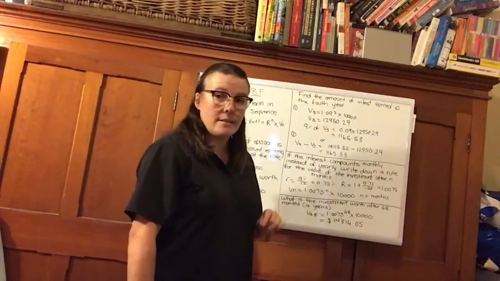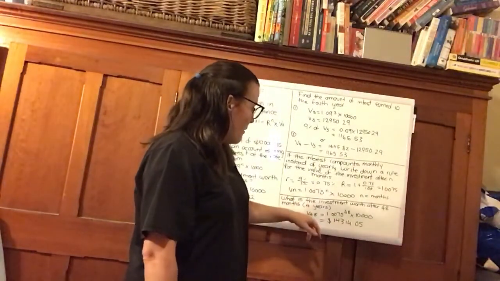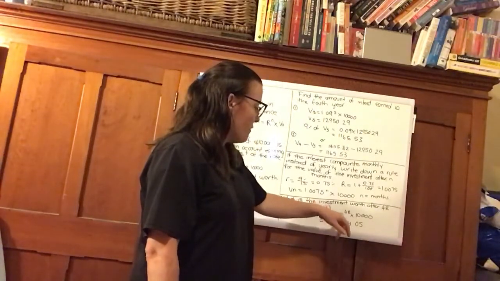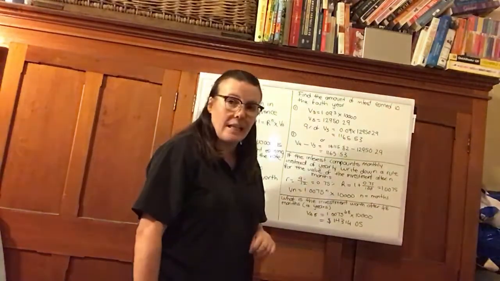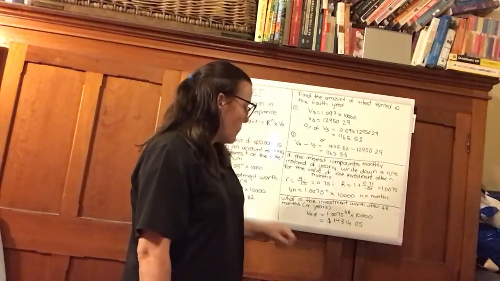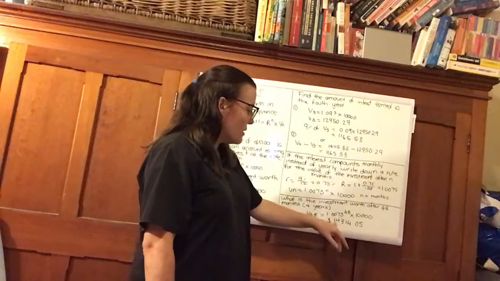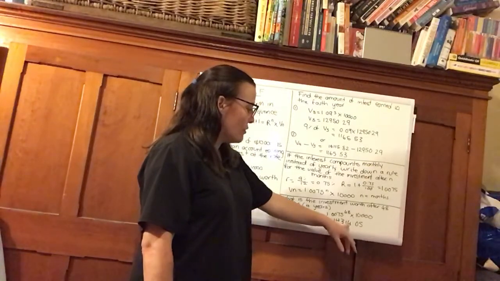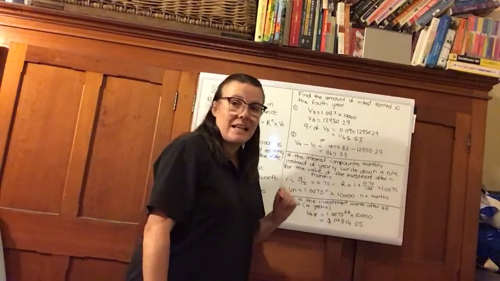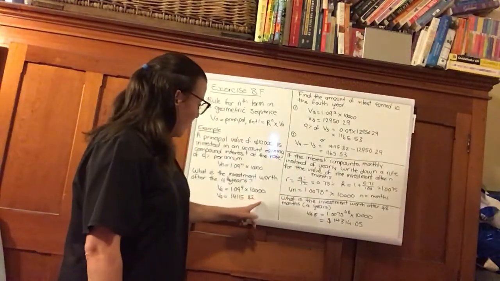So 4 years. So we have V48 is equal to 1.0075 raised to the power of 48 multiplied by the $10,000. And the answer is $14,314.05.